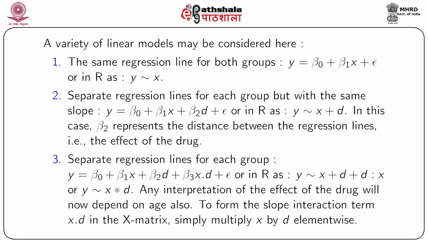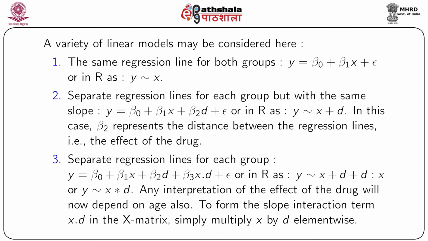We can use the same regression line for both groups. We can use a separate regression line for each group but with the same slope, which means we are only using the x variable as the covariate and the dummy variable d, or the medication variable d. And a third kind of regression model which can be fitted is the separate regression line for each group.